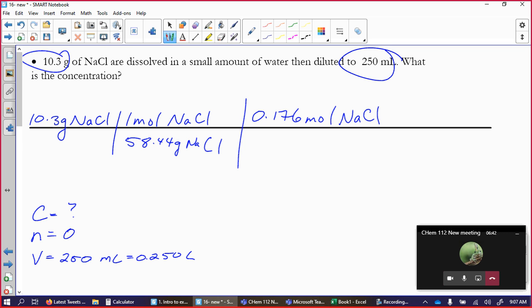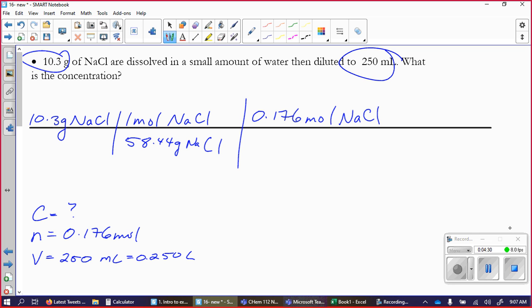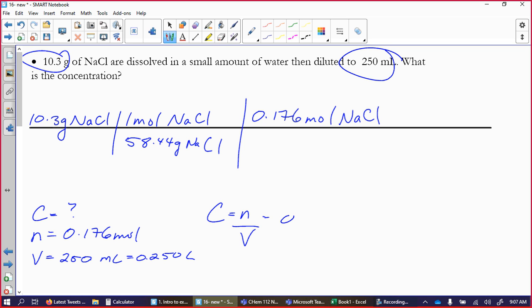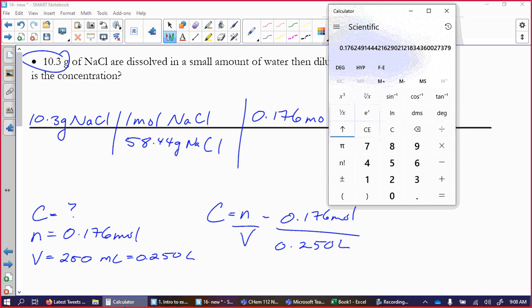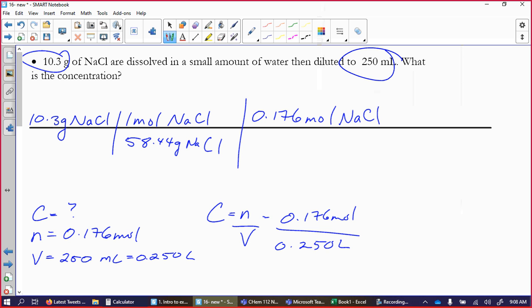Now I know this is 0.176 moles. I find my calculator, 0.176 divided by 0.250, 0.704 moles per liter.